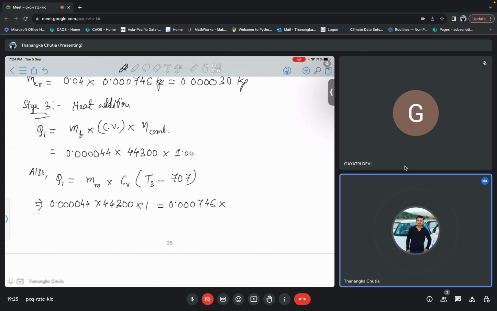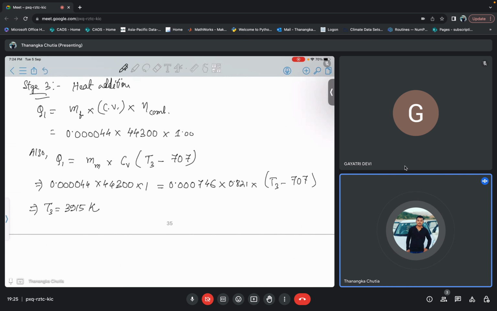So 0.821 into T3 minus 707. If you put all these values here, you will get T3 is equal to 3915 Kelvin. This is the temperature at point 3. Our task is not only to calculate temperature, we have to calculate the volume and the pressure also. But since this is a constant volume process from 2 to 3, therefore V3 is equal to V2, which we have already got.